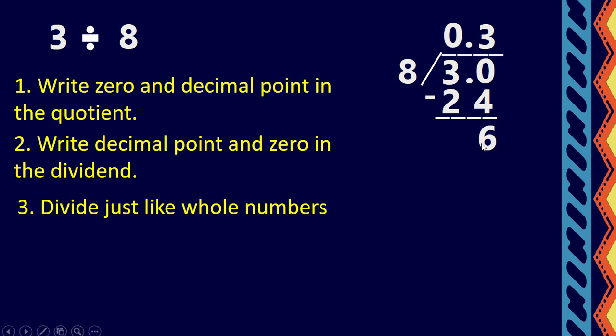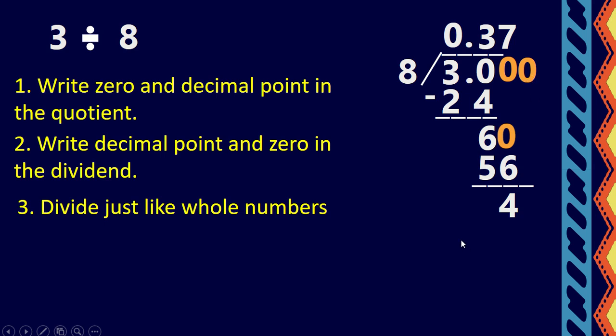Since we don't have 0 here, you're going to add 0 and bring it down. 60 divided by 8, we have 7. 7 times 8, we have 56. You're going to subtract. 60 minus 56, we have 4. But since 4 is not yet 0, you're going to add another 0. Just remember, you will add as many zeros as you need.